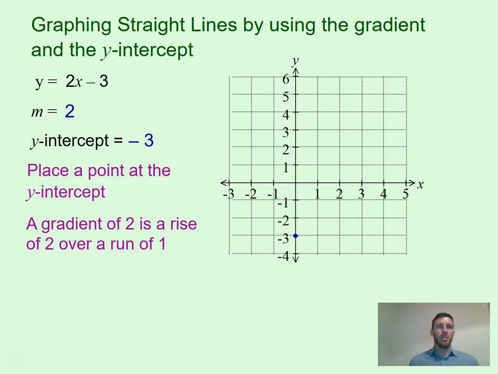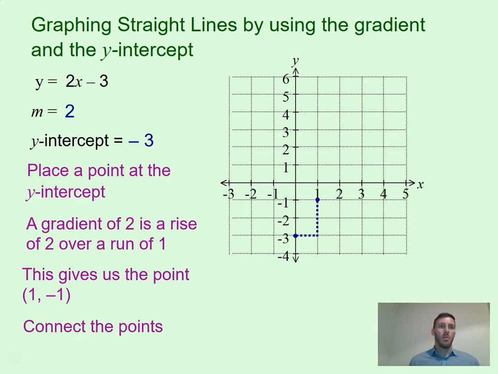So a gradient of 2 is a rise of 2 over a run of 1. So you work out the run first, which is your x value, over the rise, which is your y value, and you plot the point at (1, -1). You join the points and draw your line.